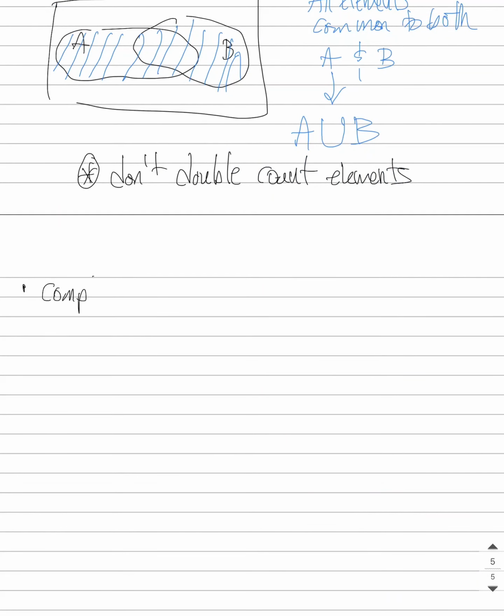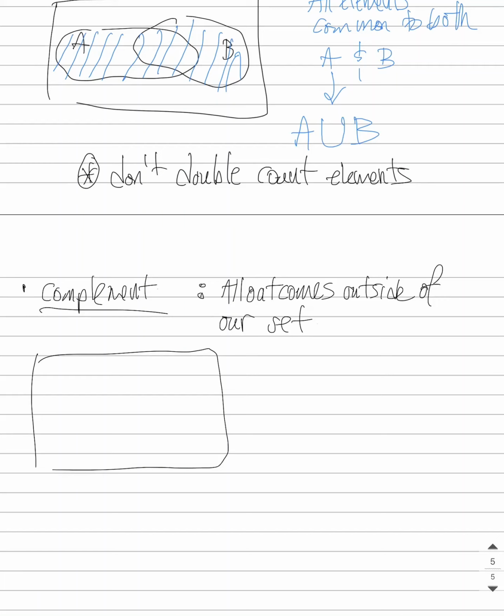Now, the final one that we're going to talk about here is what's called the complement. And this is all of the outcomes outside of our set. Now, some of you may have taken discrete math or a logic course in philosophy, and there are lots of different notations for complement.